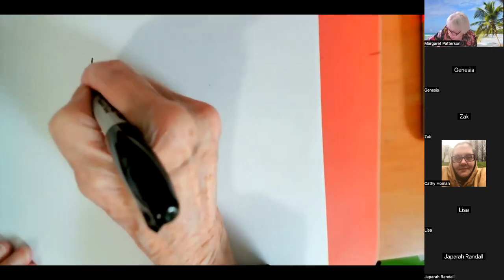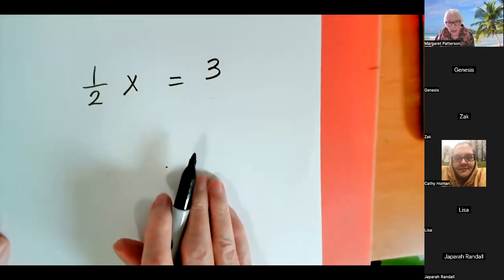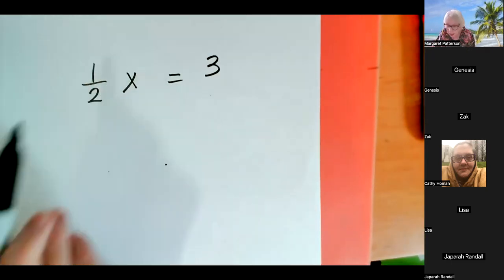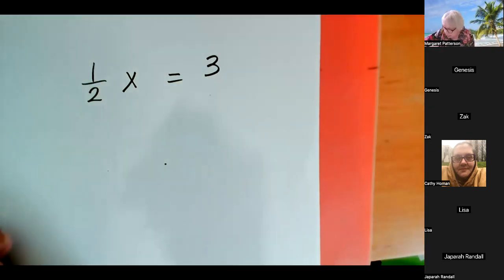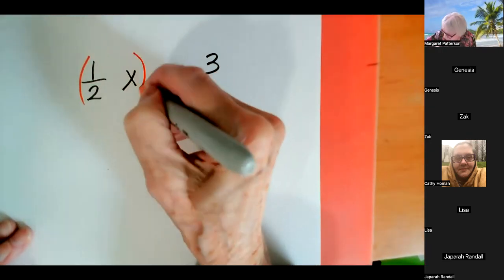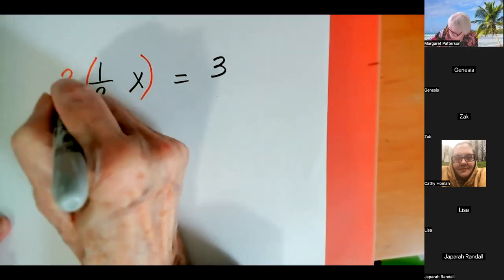So if you had 1/2 times x equals 3, and I want to get rid of 1/2, don't I? I'd love to get rid of 1/2. One thing that can be done to get rid of 1/2 is to multiply by the reciprocal.